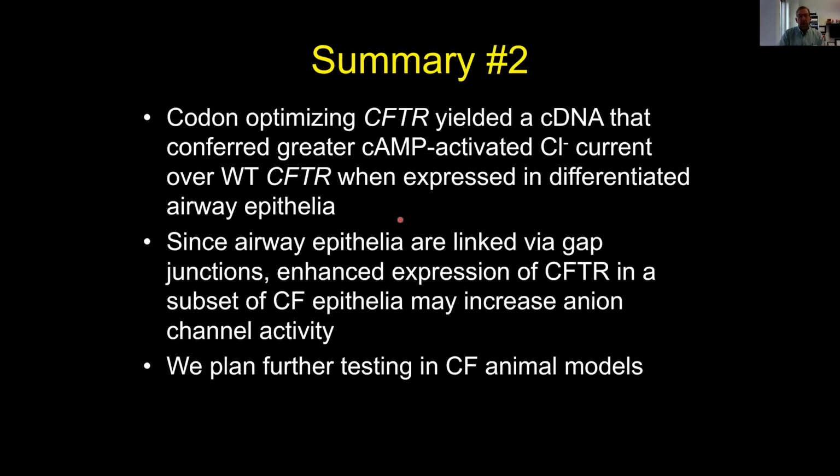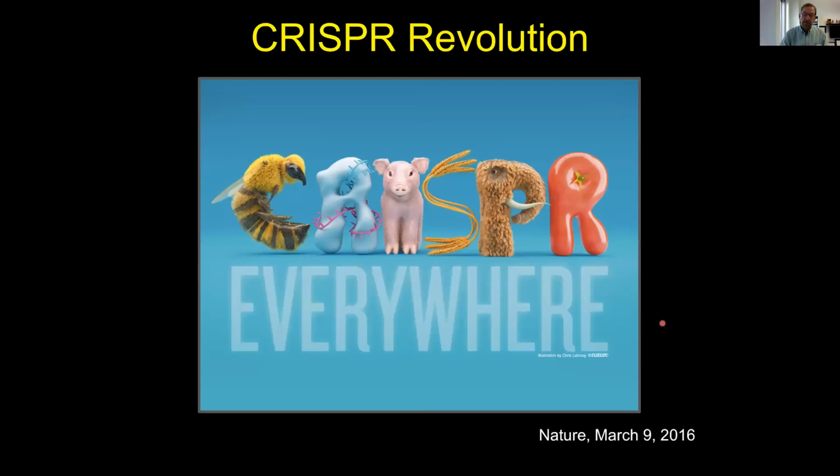So in summary, codon-optimizing CFTR yielded a cDNA that conferred greater cyclic AMP activated chloride current than wild-type CFTR when expressed in differentiated CF epithelia. And since airway epithelia are linked by gap junctions, enhanced expression of CFTR in a subset of CF epithelia may increase anion channel activity. And we plan to test this further in CF animal models.